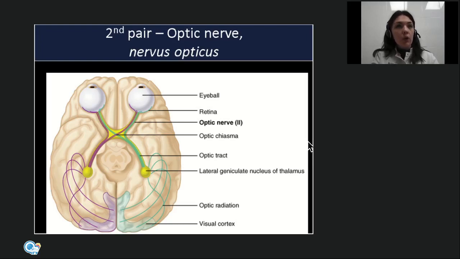First it is rods and cones, second it is bipolar cells, and third it is ganglionic cells. So optic nerve is formed by axons of third-order neurons of visual pathway, ganglionic cells. And optic nerve enters cranial cavity through the optic canal, and it ends in the optic chiasm. After the optic chiasm, optic tract starts.